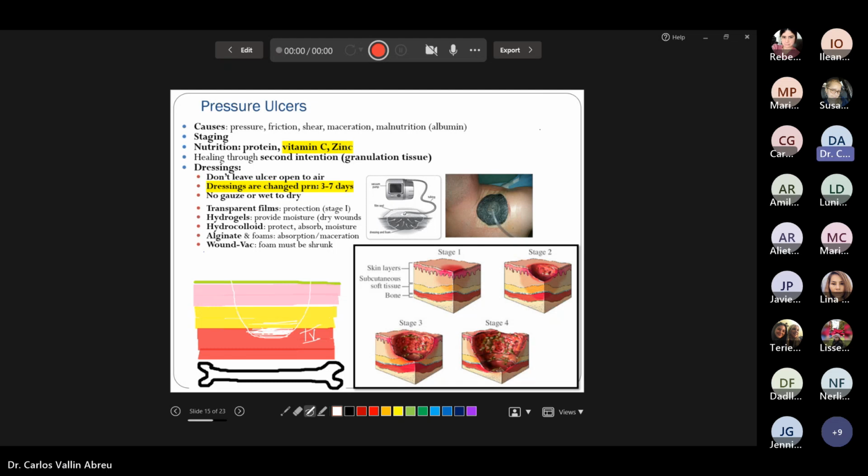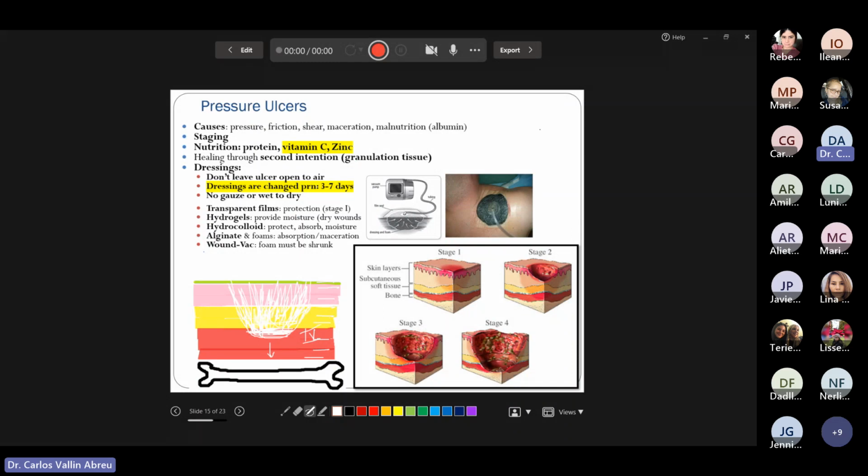You don't need to reach the bone. I know that some professors say that when you reach the bone, it's stage 4, of course. But even before reaching the bone, when you reach the muscle, it is stage 4. That's why I try to make you remember anatomy and physiology, the layers and the order of the layers of the soft tissues.